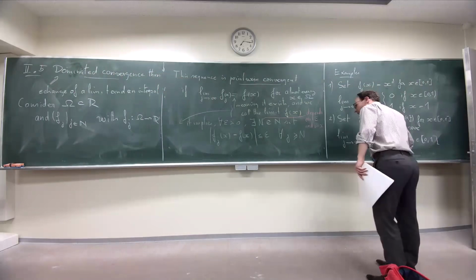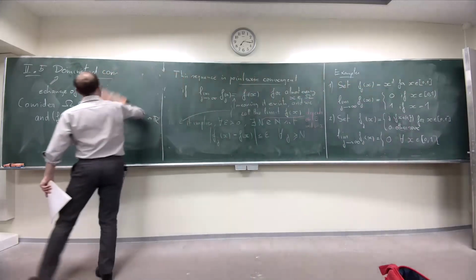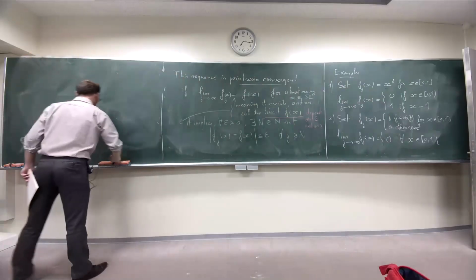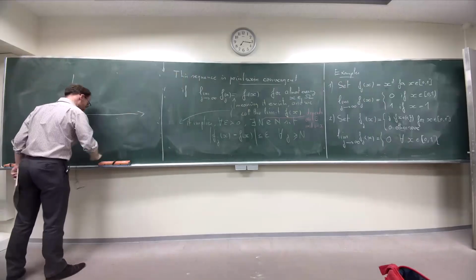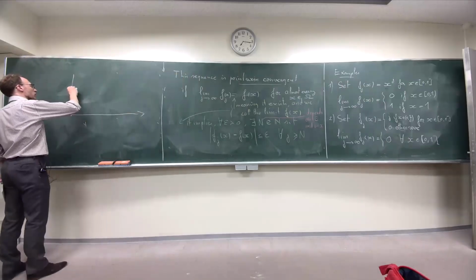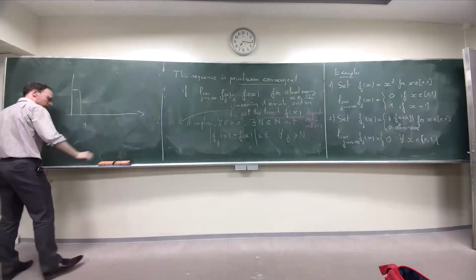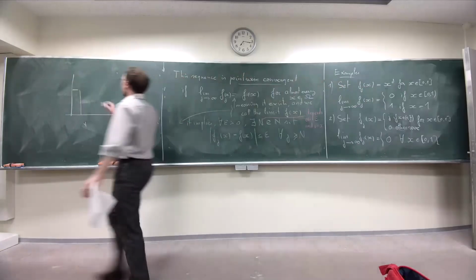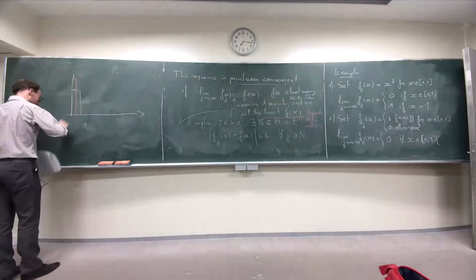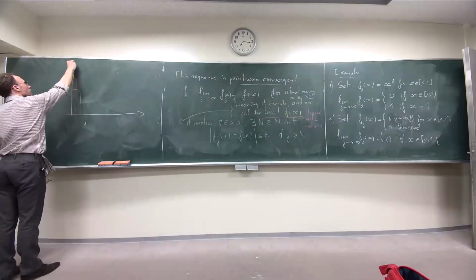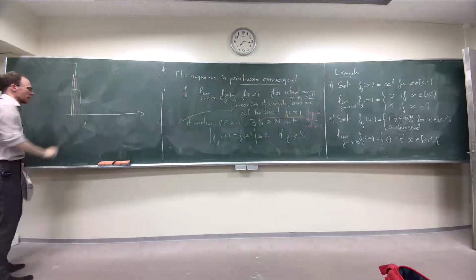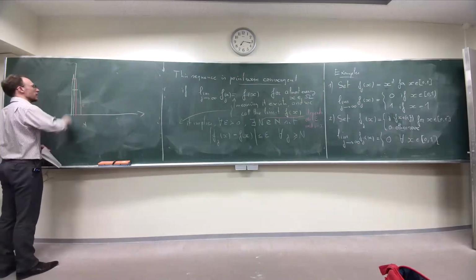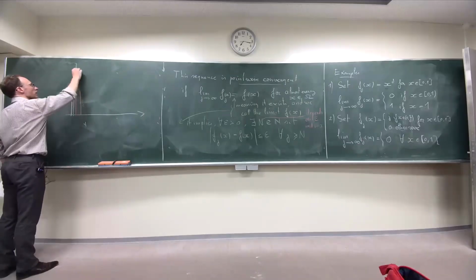Check with a picture. You have a family of functions which are more and more concentrated near 0. So I zoom near 0. You have one function which is like this. The next one is like this, and the next one is like this. Let's say this is 1, 2, 3, 4.